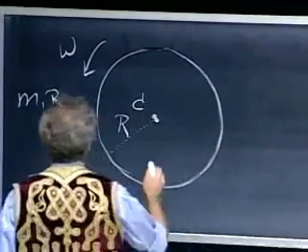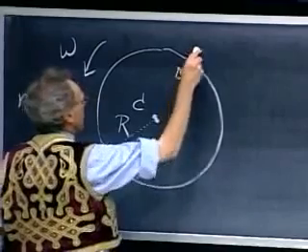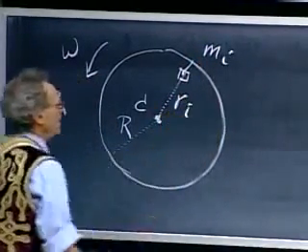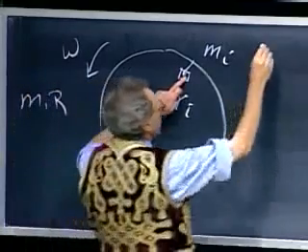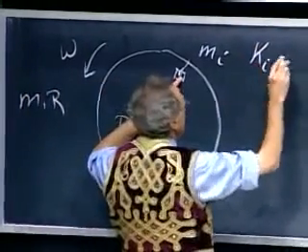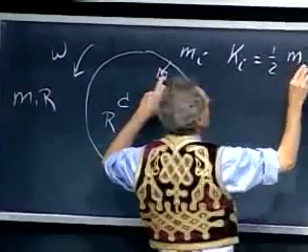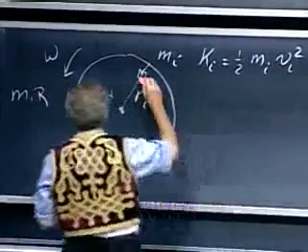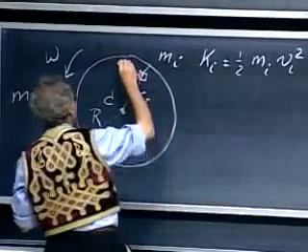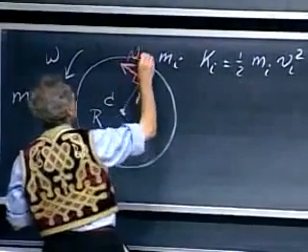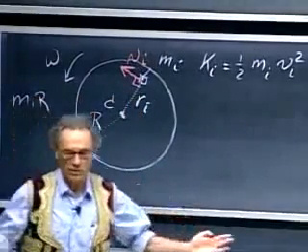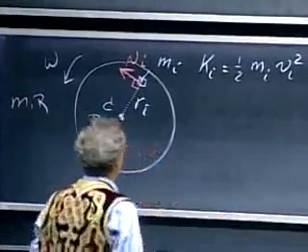I take a little mass element here, m of i, and this radius equals r of i, and the kinetic energy of that element i alone equals 1/2 m of i times v of i squared, and v of i is this velocity, this angle is 90 degrees, this is v of i. Now v equals omega r, that always holds for these rotating objects.